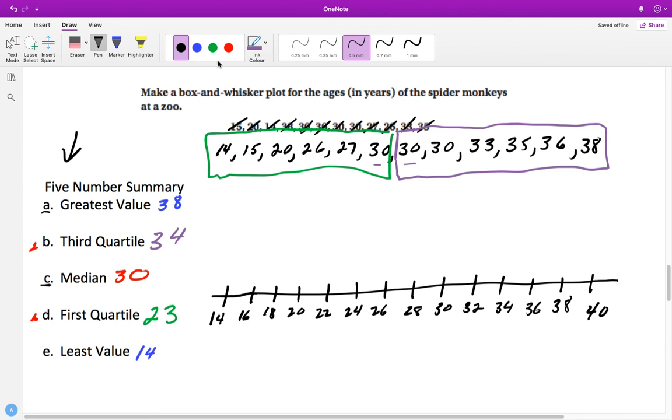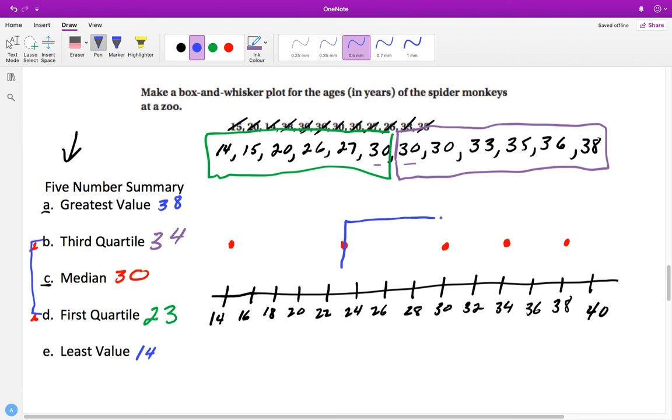All right. Then what we do is we plot all these points. So I'm going to plot a point at 14. I will plot a point at 23, so that would be midway between 22 and 24. Plot a point at 30, plot a point at 34, and plot a point at 38. So now these three, the third quartile, median, and first quartile, we draw a box around those.